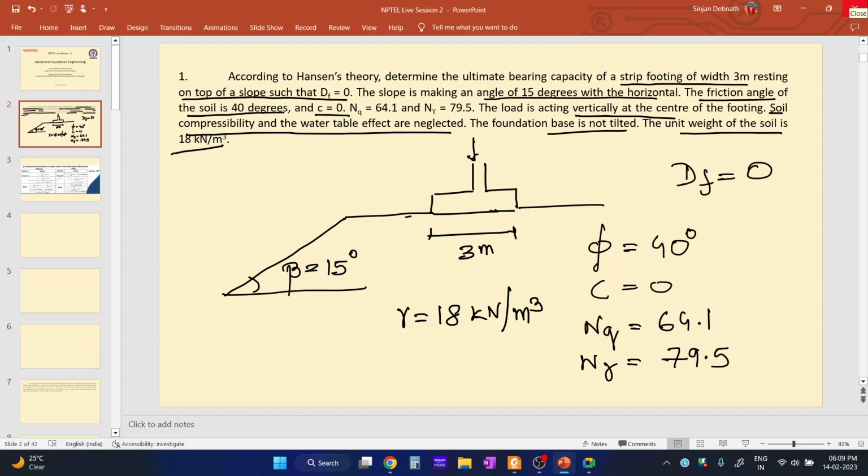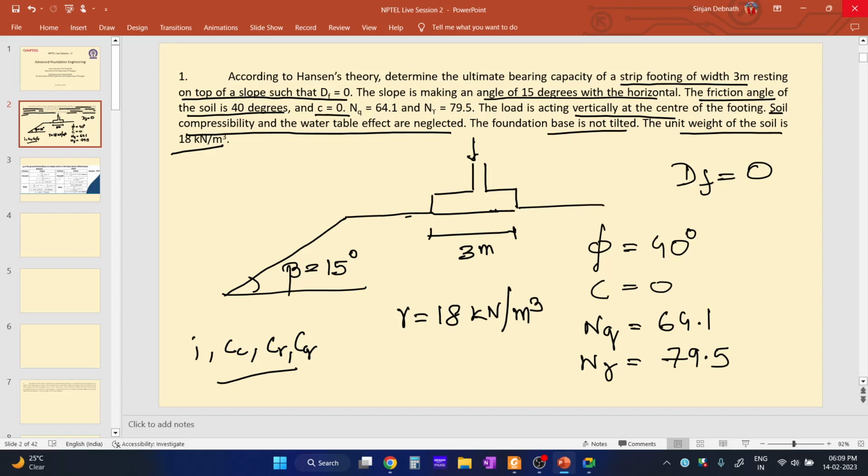It is mentioned in the question that the load is acting vertically at the center of the footing, so there will be no inclination factor. Soil compressibility and water table effects are neglected, so compressibility factors like Cc, C gamma and Cq are not needed.